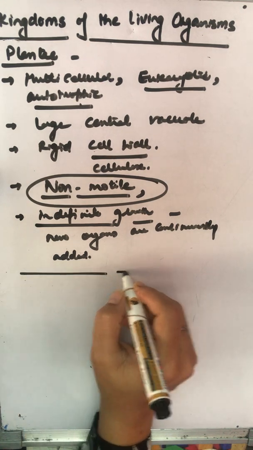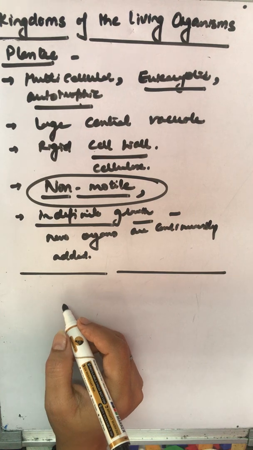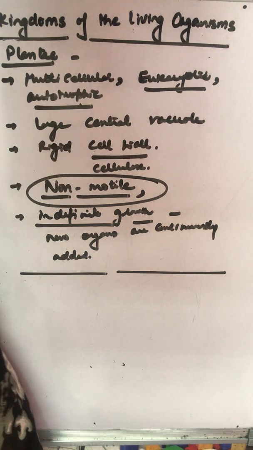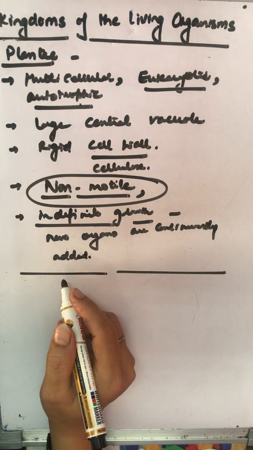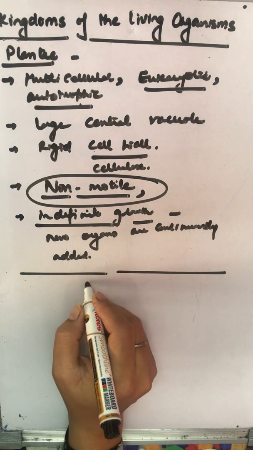They are the producers of the biosphere. Always remember, when we talk about kingdom Plantae, we are talking about the producers of the entire biosphere. Now, we are moving to the last one, that is Animalia.